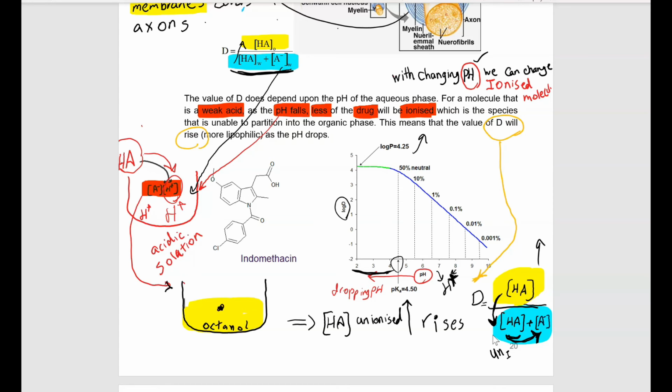So from our octanol we will give back some whole molecules, and they will go back to the water. So in this case the ratio in here will decrease. Although the concentration here was the same as before, the denominator will decrease. So log D will decrease as we increase the pH.